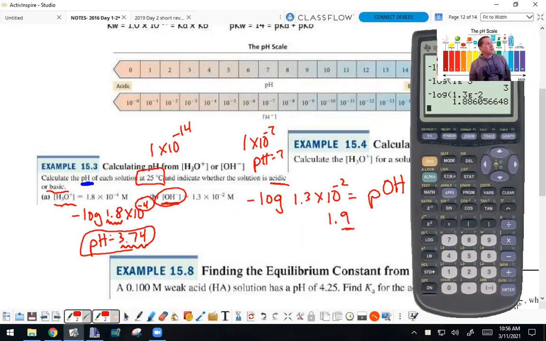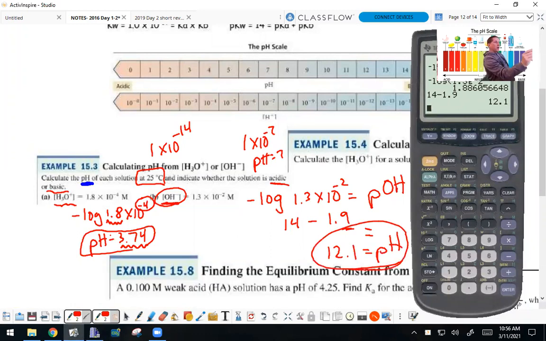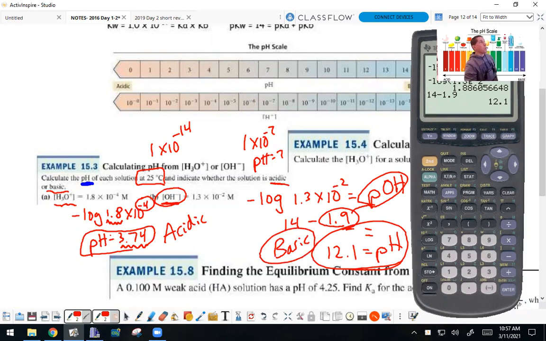One decimal is good enough when you do these generally. So 1.9, that's the pOH. Then from our equation, 14 minus 1.9, and we get 12.1 for the pH. So the pOH is 1.9, but the pH is 12.1. So this one is acidic because it's less than 7, and this one is basic because it's greater than 7.